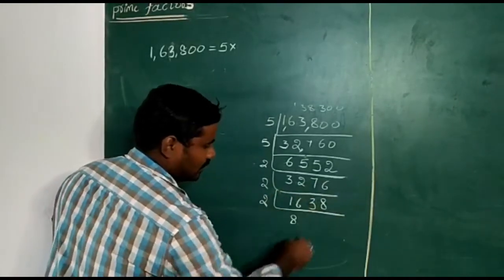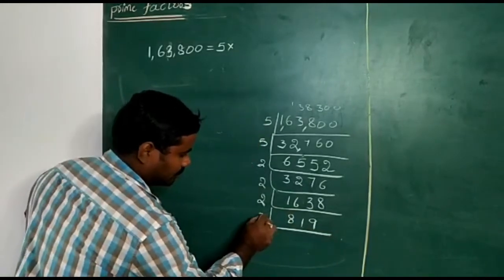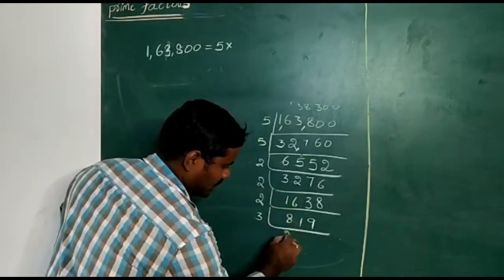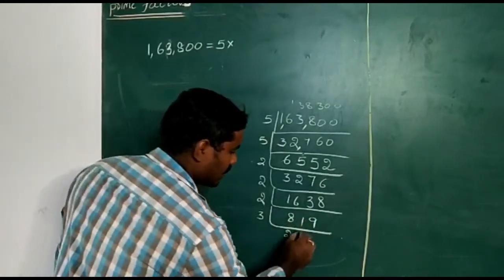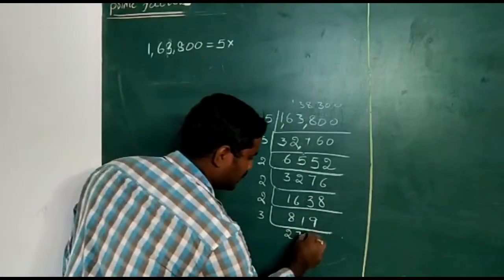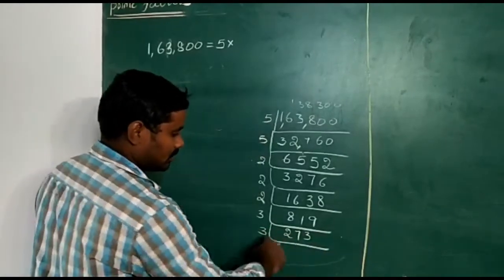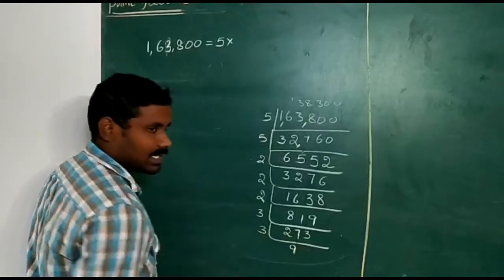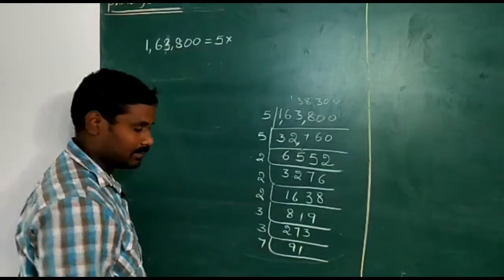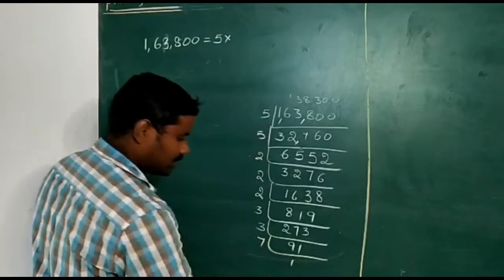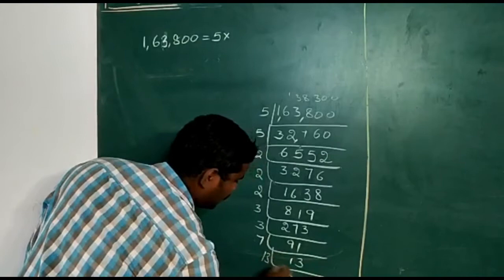Now it is the 3 table: 7 threes are 21 and 3 threes are 9. Again the 3 table: 3 nines are 27. Now it is divisible by 7, 7 threes are 21. Now if you take 13, it is 1 time.